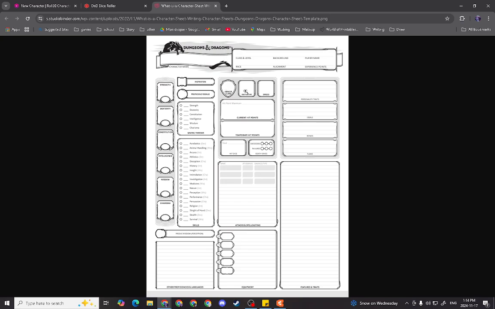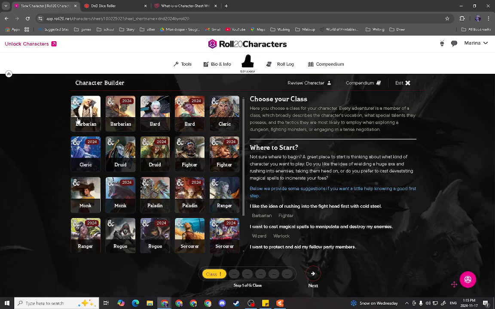Your initiative is when you start combat, you roll your d20, which determines your initiative. And sometimes you get a bonus on initiative depending on your dexterity. And your speed is how far you're allowed to go in battle. So the first thing we want to decide is your class.